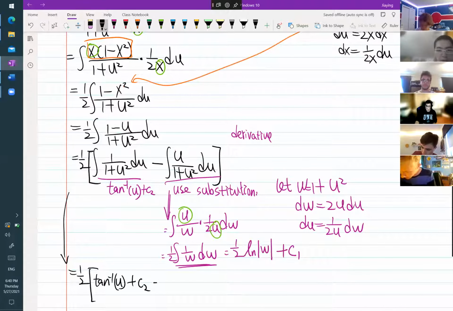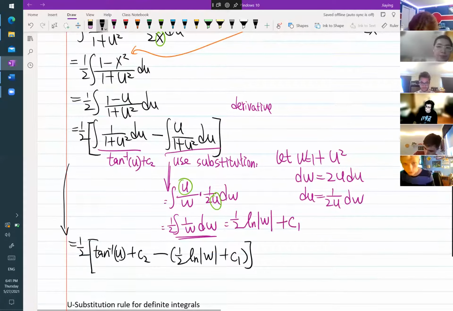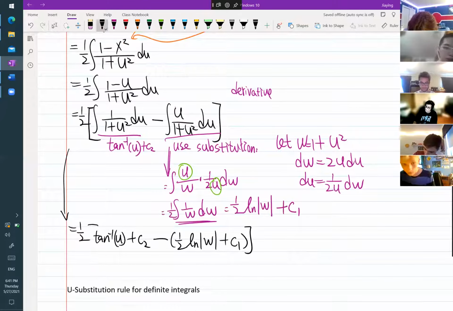The second term, so minus, gives me 1/2 natural log of absolute value of w plus c1. There's a lot of terms, but if we go step by step and keep the work organized, we should be okay. This is what we get after integrating.